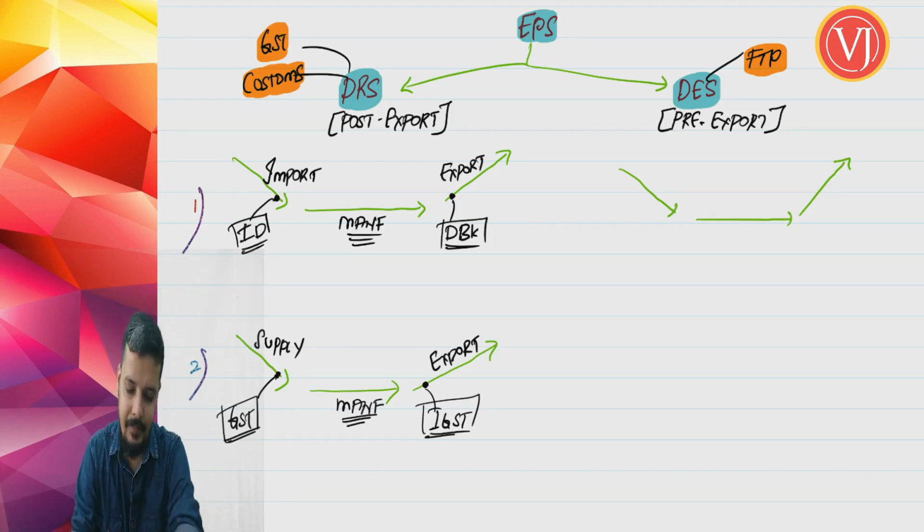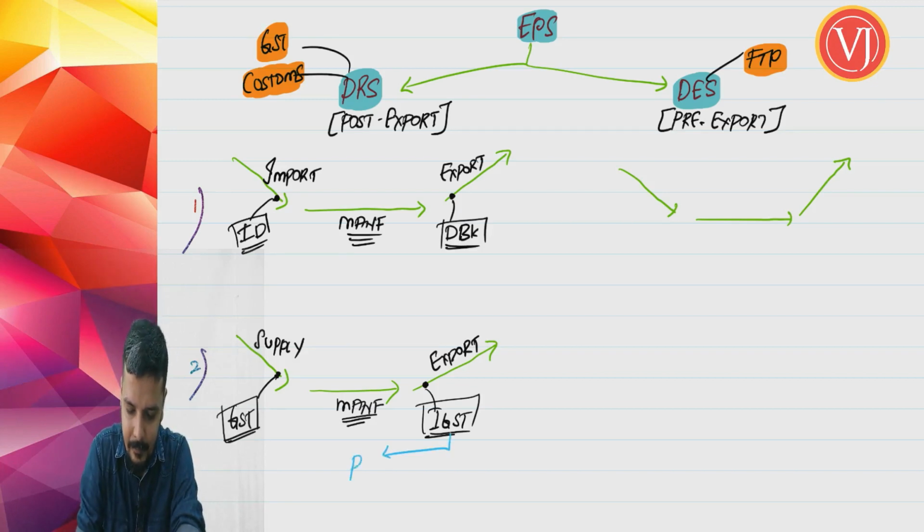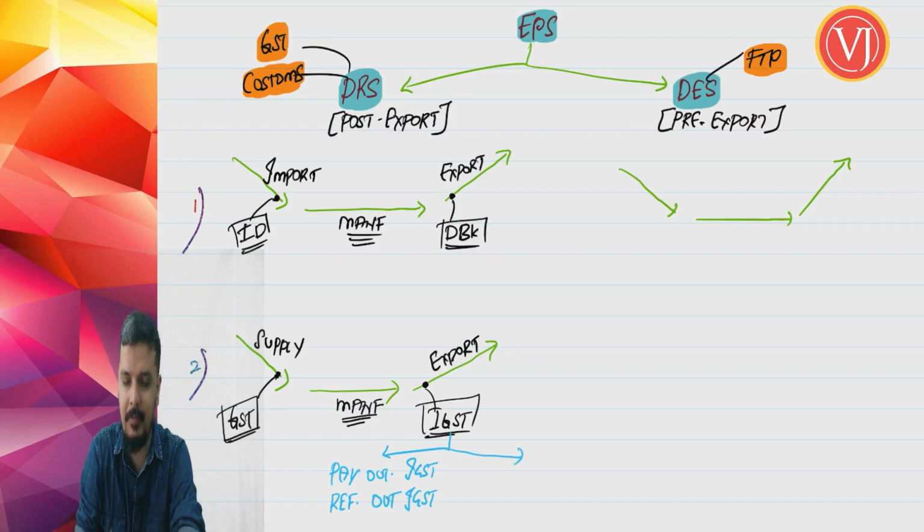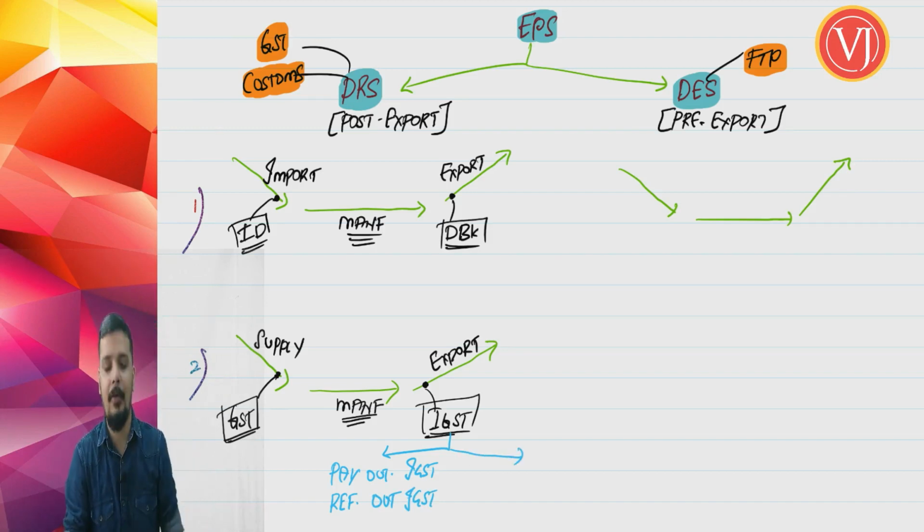First option, friends, is to pay output IGST and thereafter claim the refund of output IGST. That is the first option, the payment option, which we have discussed in your GST.